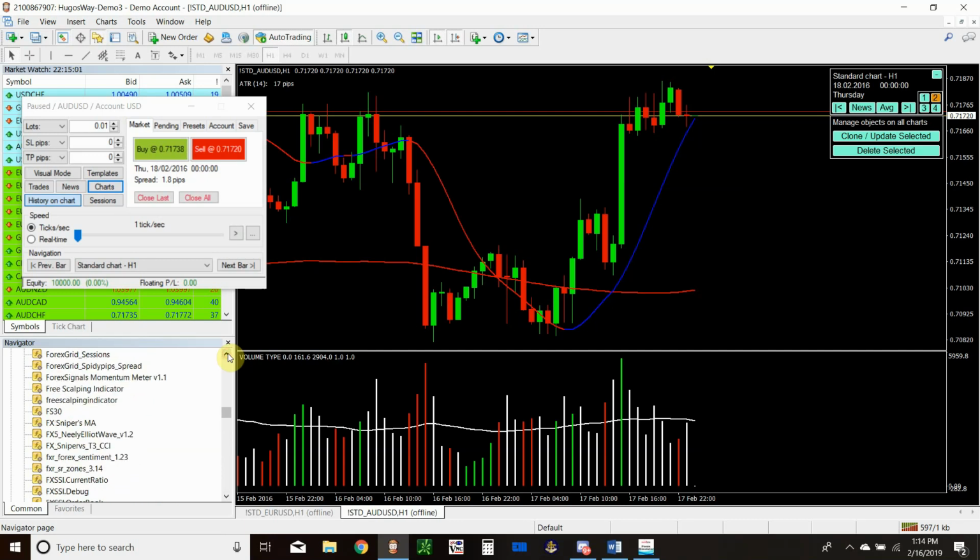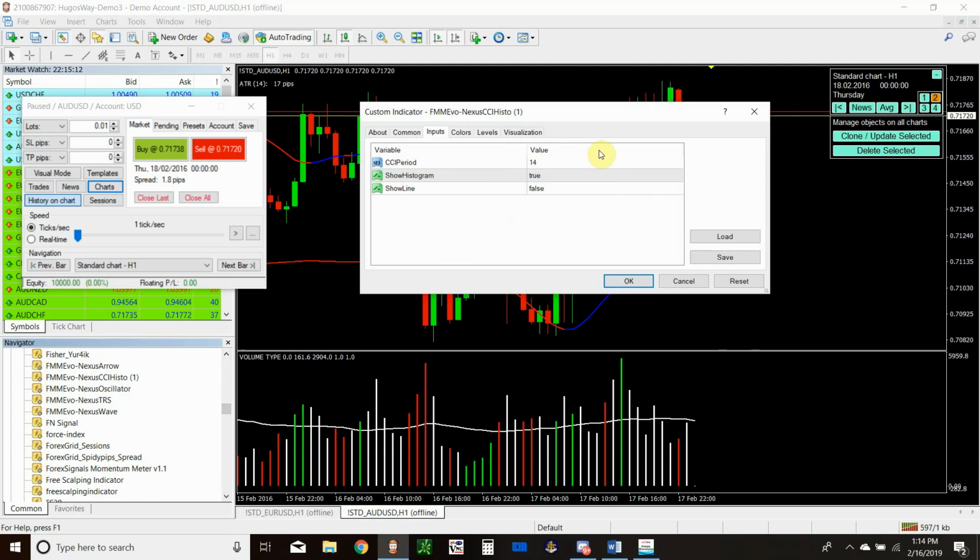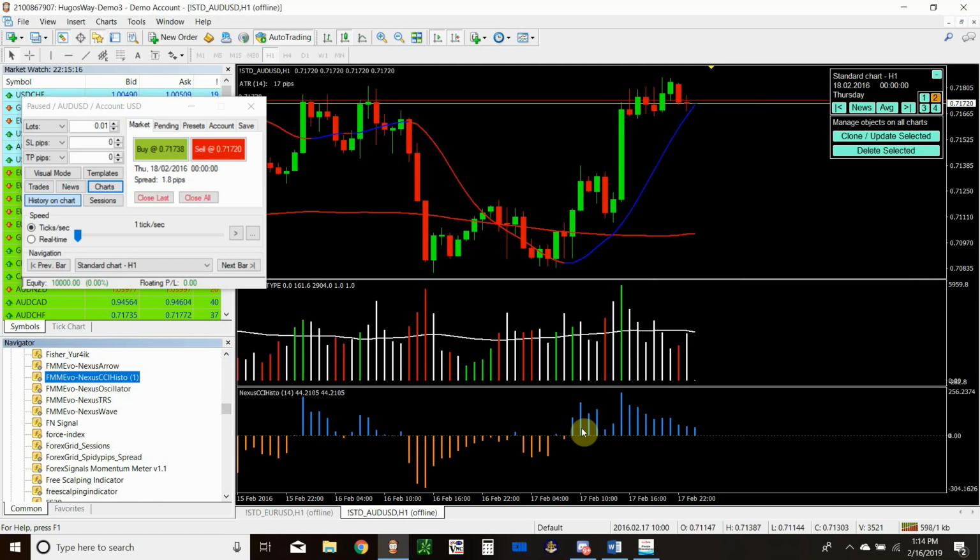It's not a line indicator, it's a histogram indicator. The default period is 14, so we will add that and see where it's at.